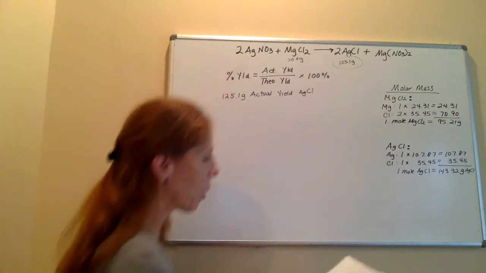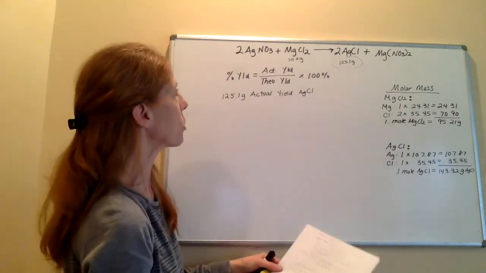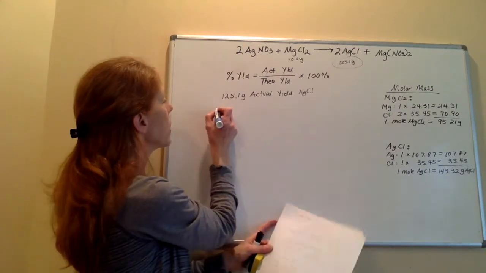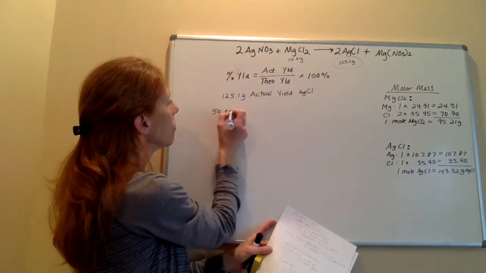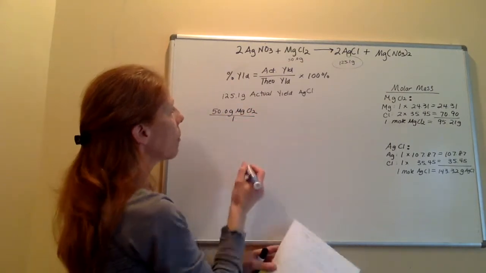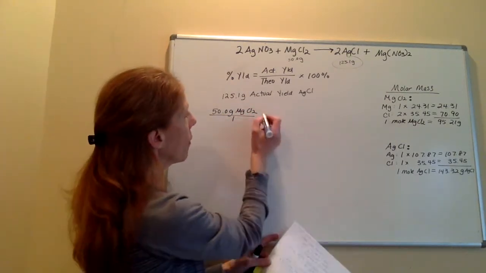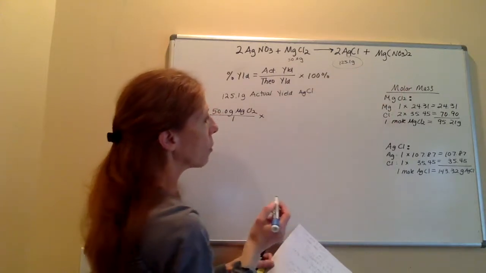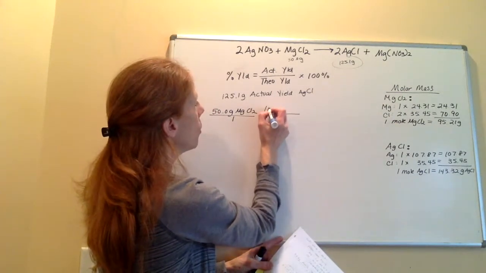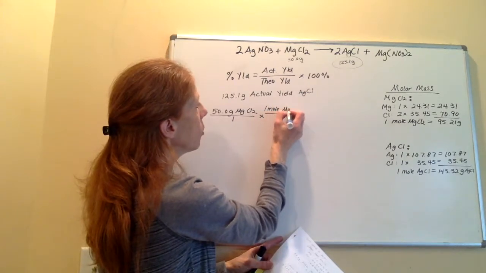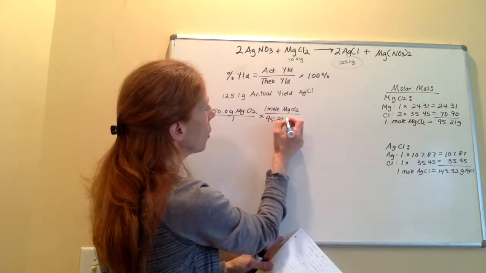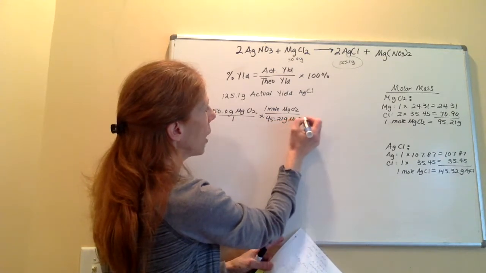Okay, so here we go. This is just like what we did in chapter 7. If I start with 50 grams of magnesium chloride, I can figure out how many moles of magnesium chloride that is, right, by using my molar mass, which I have up here. So for every 1 mole of magnesium chloride, I've got 95.21 grams of magnesium chloride.